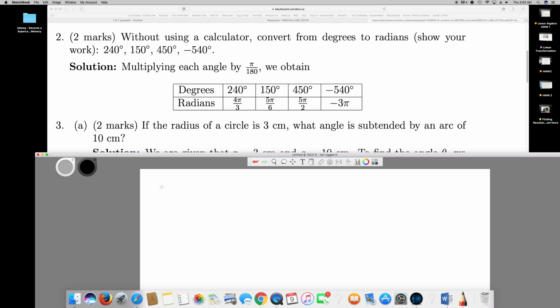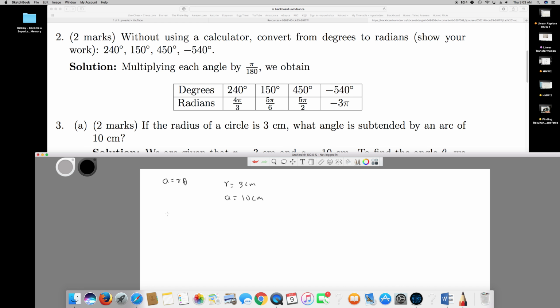If you see some kind of question like this, you have to simply put the formula first. It's A is equal to r theta. That's the formula. Let's see what information has been given. r is 3 centimeters, and the arc A is 10 centimeters, and we have to find the angle.